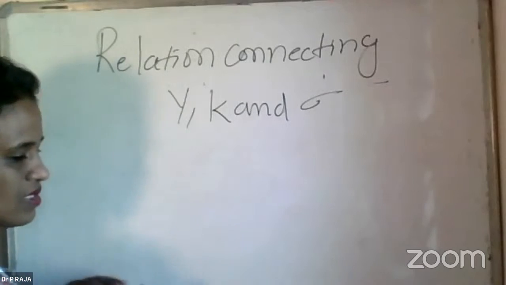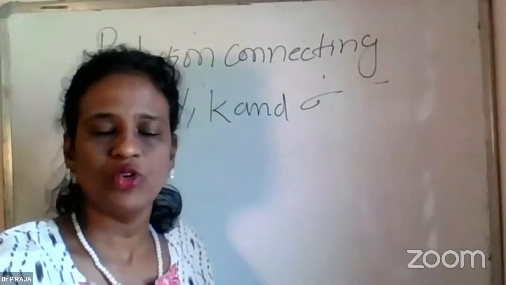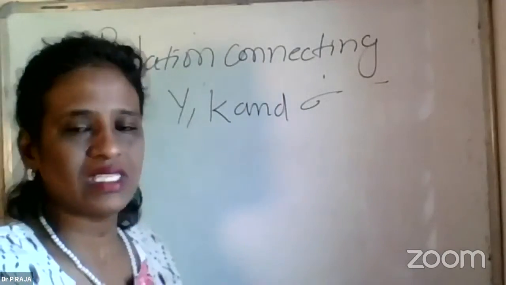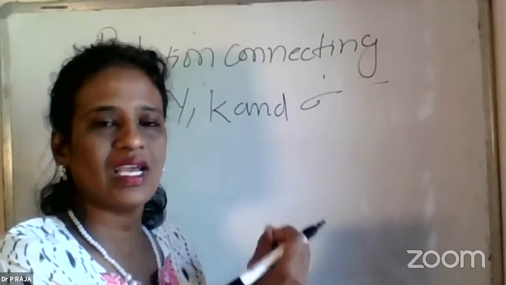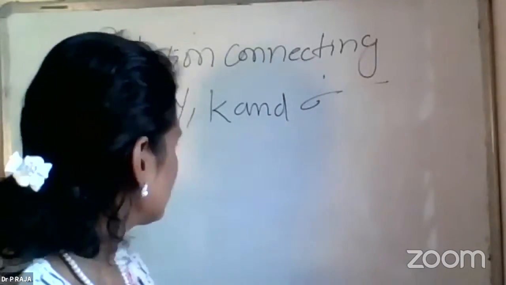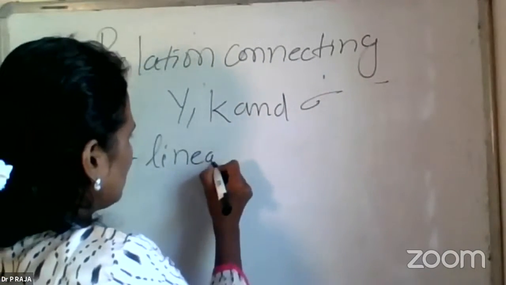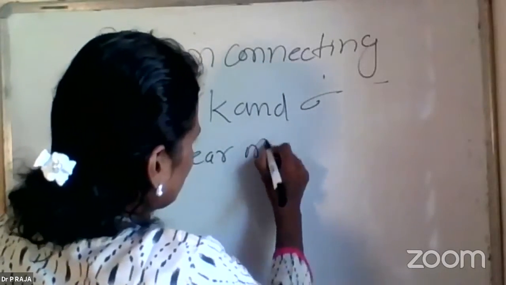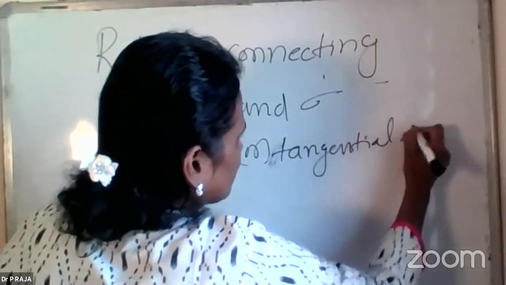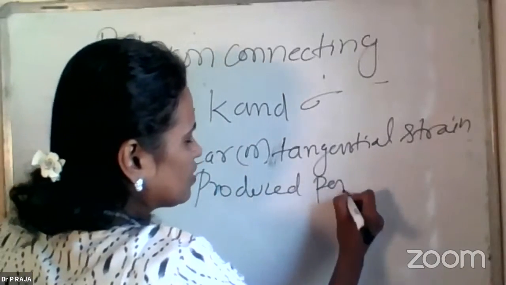Especially when we introduce the term alpha, we all know that when a stress is given to your body, there will be elongation on one side, and there will be a compression on the other side, isn't it? So let us consider that alpha be the linear or the tangential strain produced per unit stress.